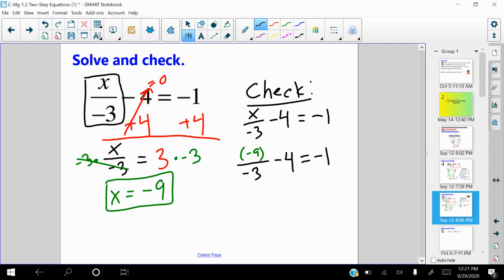A negative divided by a negative turns into a positive. 9 divided by 3 turns into 3. So we have 3 minus 4 is equal to negative 1. Well, 3 minus 4 gives me negative 1. So is negative 1 equal to negative 1? Yes, it is, which makes our answer of x equals negative 9 correct.